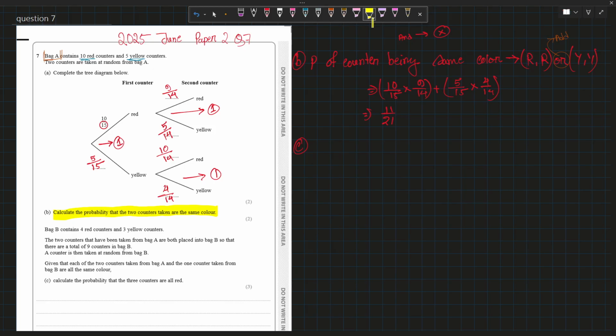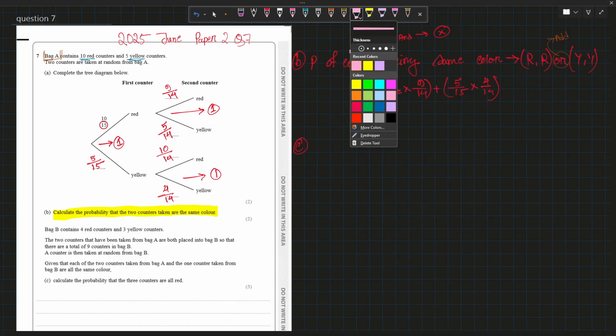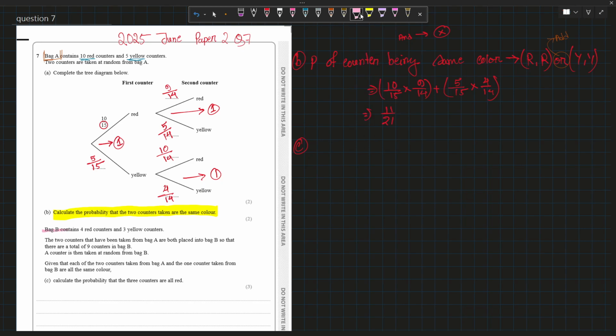So the question states that bag B, let me use a different highlighter. Bag B, oh no, bad highlighter, my bad. Bag B contains 4 red counters and 3 yellow counters. Very nice. So let us write that down. You don't have to always write it down right away.